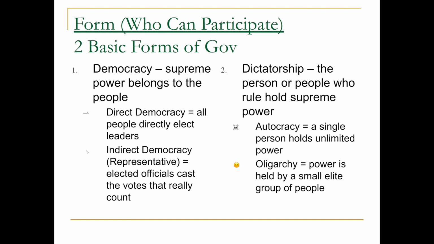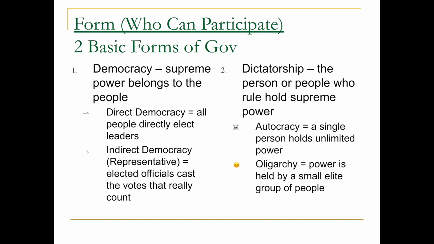It's unquestioned. The modern day version of that would be somebody like Kim Jong-un, who is the dictator of North Korea. And I think we mentioned him in the last PowerPoint. He's murdered people from within his own family. And they tightly control information. They tightly control what the general public can and cannot do.